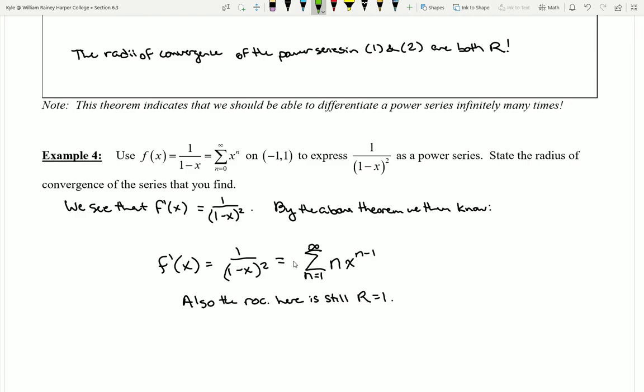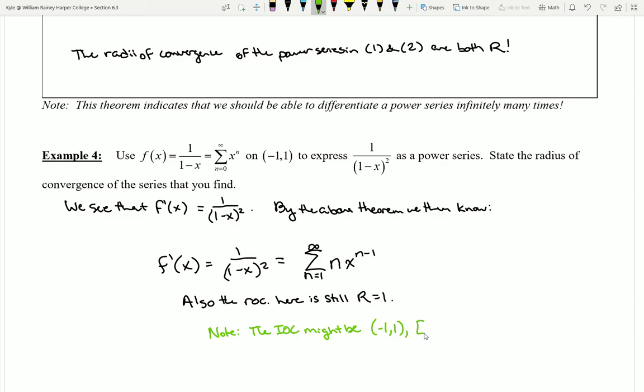Now, one thing that I might go ahead and just make a quick note of down at the bottom here is that we still don't know what the interval of convergence might be for this power series. In fact, we have a lot of different possible options. This power series might have an interval of convergence of -1 to 1. Notice that it's still centered at 0 and had radius 1.